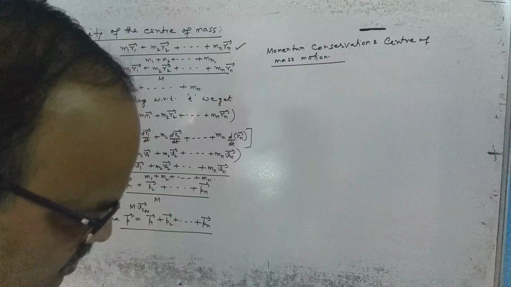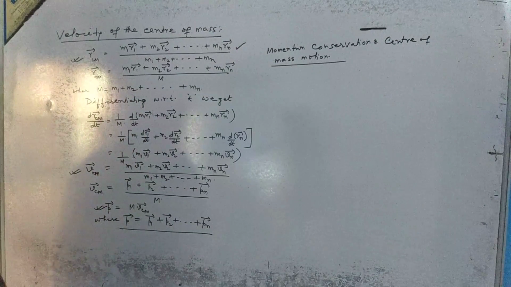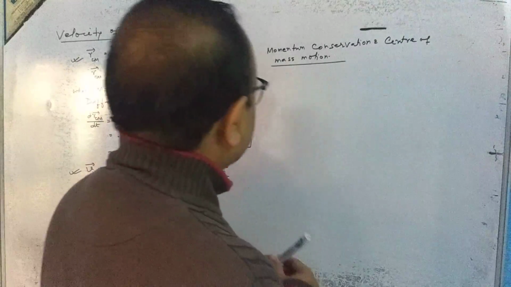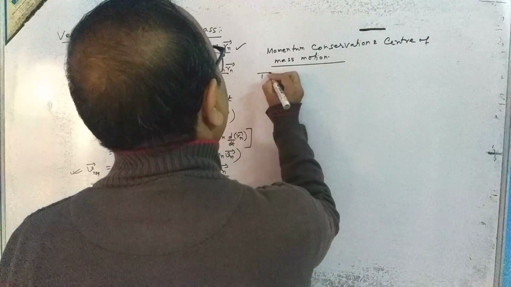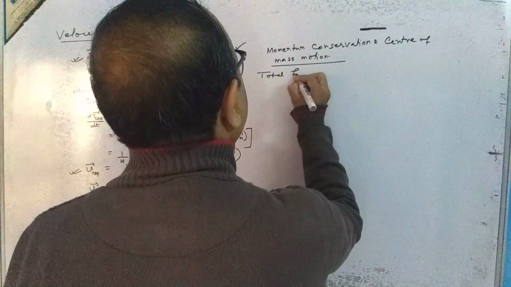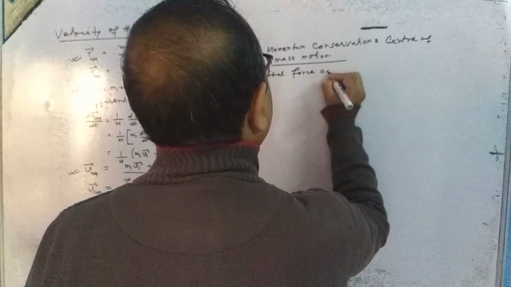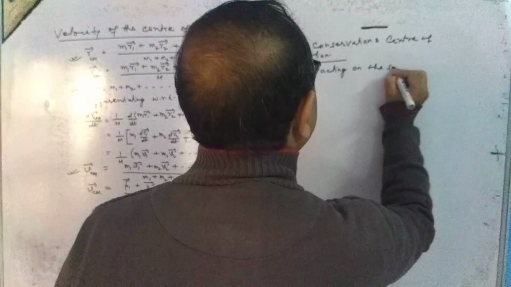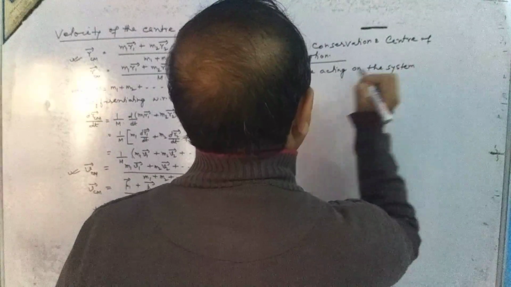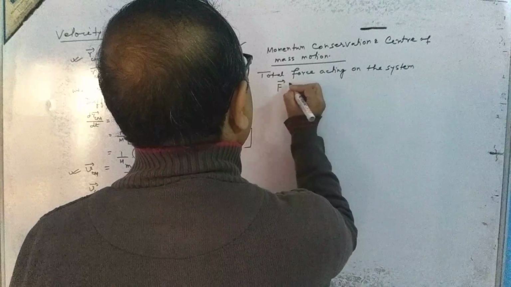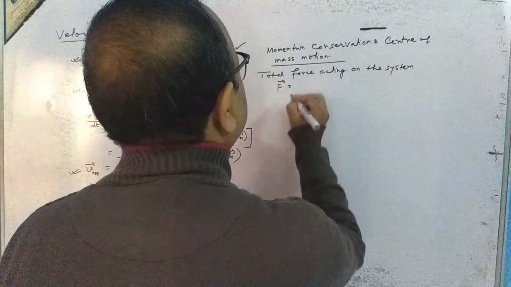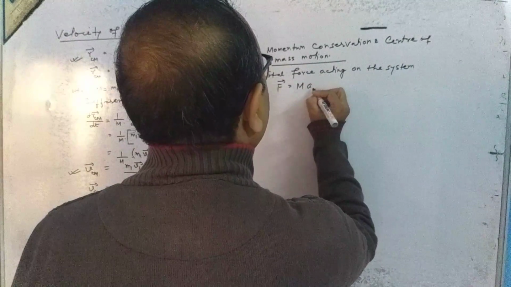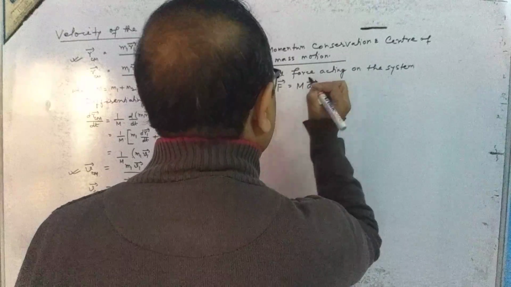And what is the total force acting on the system? Let us now see, F vector is equal to M into A_CM vector.